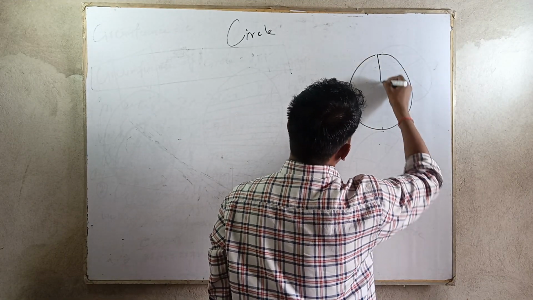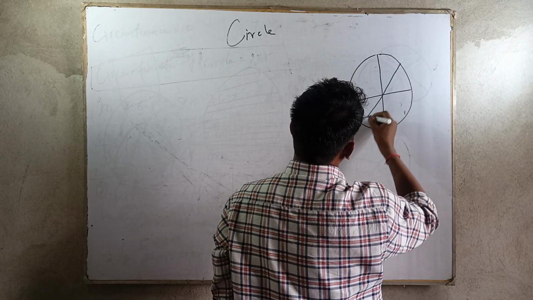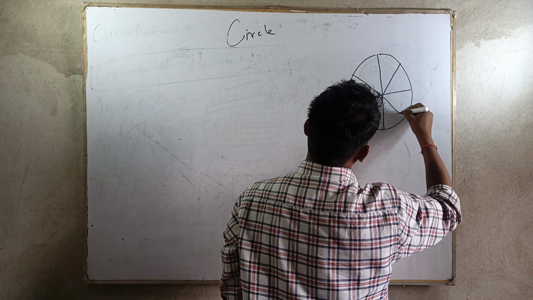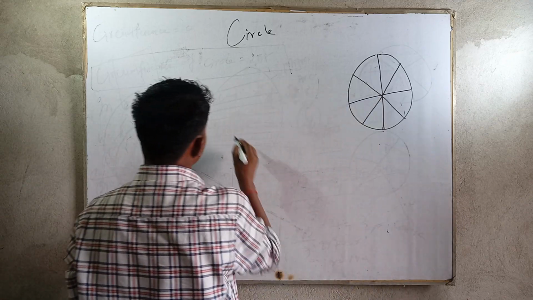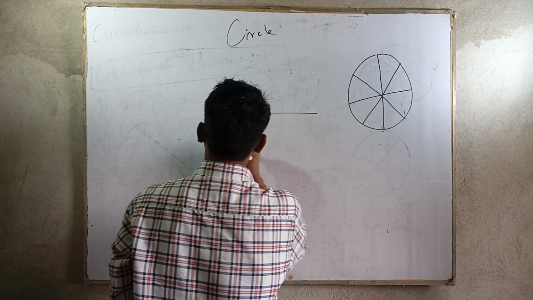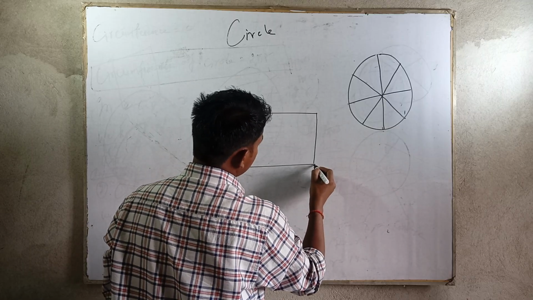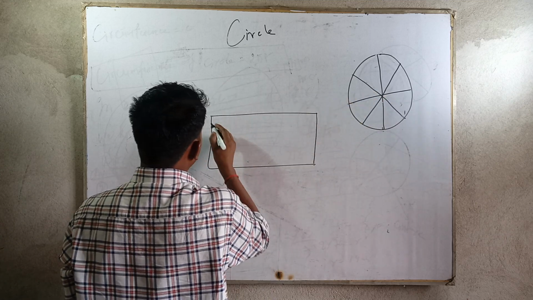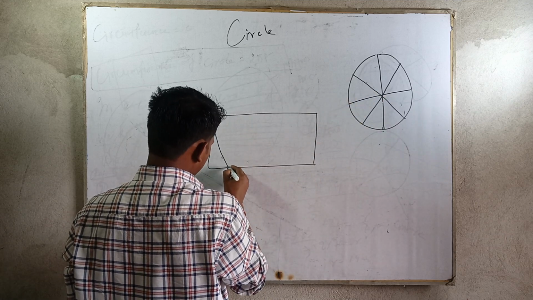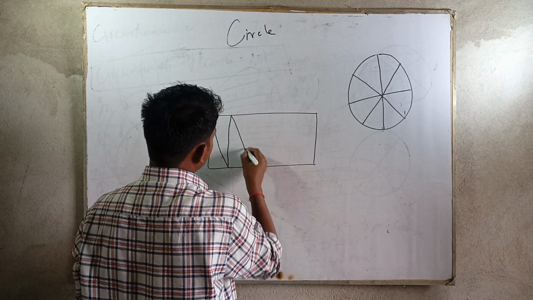Suppose I cut this figure like this, and if I join again this one, it will be like this figure, and again this figure.